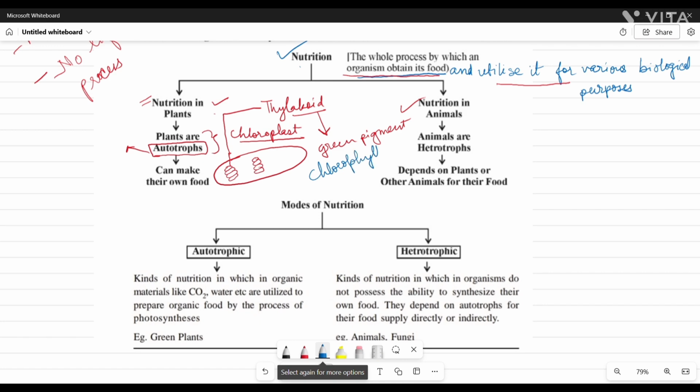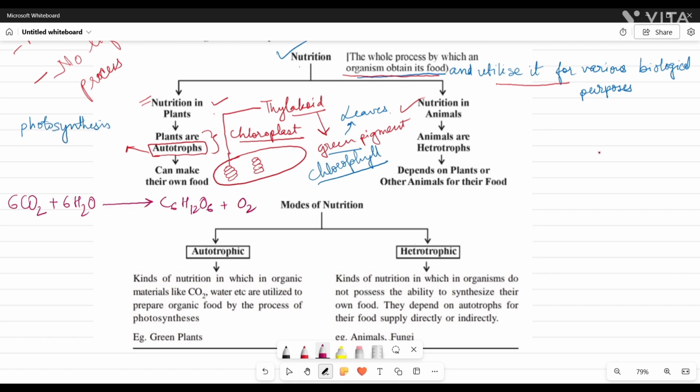This chlorophyll not only imparts the green color to the leaves, but also helps the leaf perform a specific process known as photosynthesis.